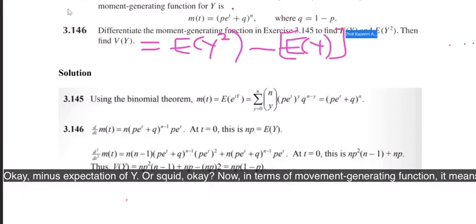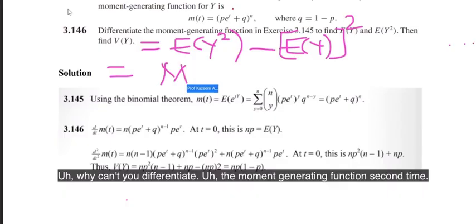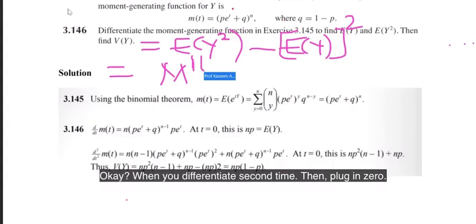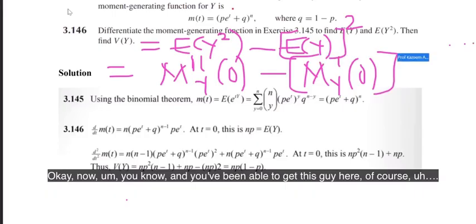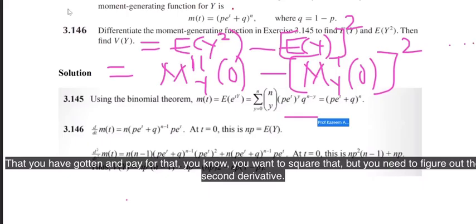Now in terms of the moment generating function, it means you differentiate the moment generating function a second time, then plug in 0, minus what you got differentiating only once, plug in 0, and then you square all of that. You've been able to get np for that, you want to square that, but you need to figure out the second derivative.